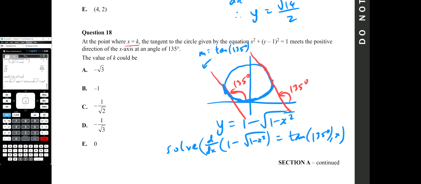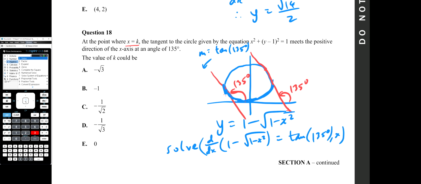Let's see how this works. So shift minus d dx, and we have 1 minus square root 1 minus x squared, and let's plug in x equals k, by the way. So take that, control equal, left given, x equals k, enter, and there we have that.